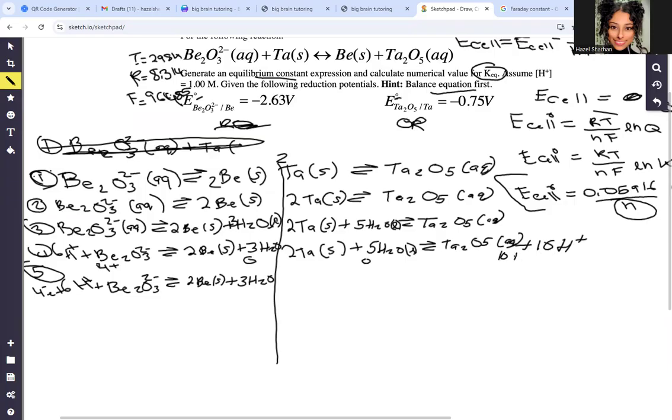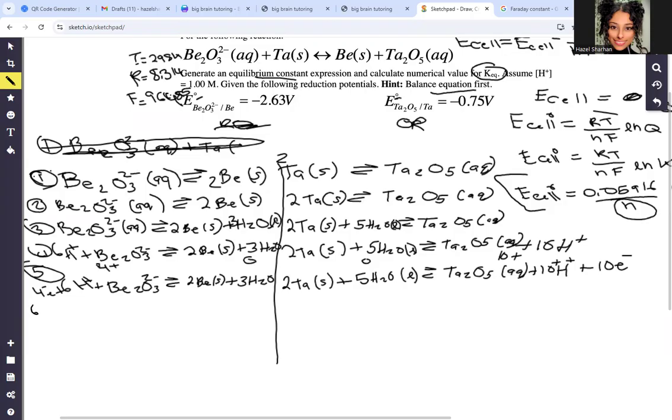So this is a 10 plus. So we're going to add 10 electrons to the product side. So let's write out the entire thing. Plus 10 protons. This is supposed to be on this side of it. I got too eager. Plus 10 electrons.